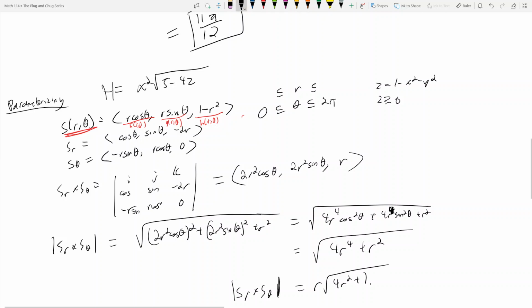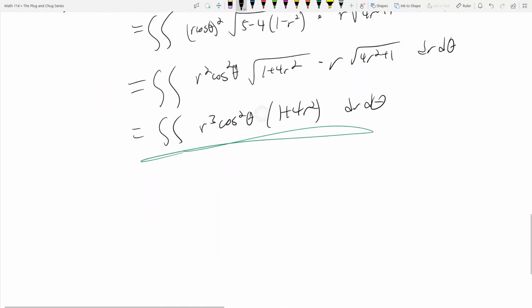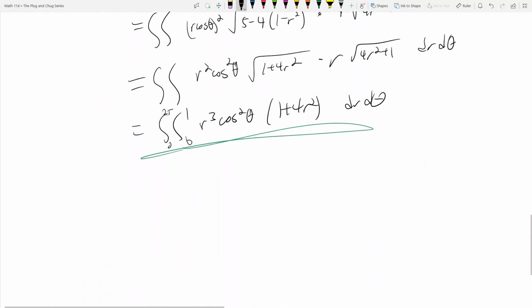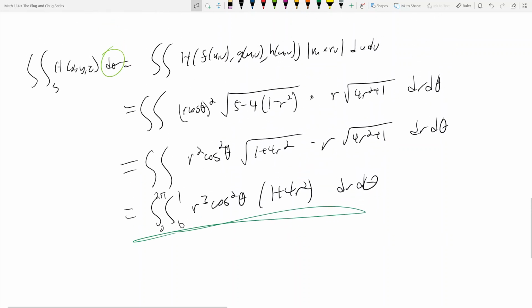And r can't be less than 0, because you'd get a negative radius, which doesn't make any sense. So r is between 0 and 1. And so you get the same bounds, 0 and 1, 0 and 2 pi, exact same bounds. So setting up the bounds for parameterizing seems a little bit different, but it really isn't compared to explicitly finding the bounds on the surface.